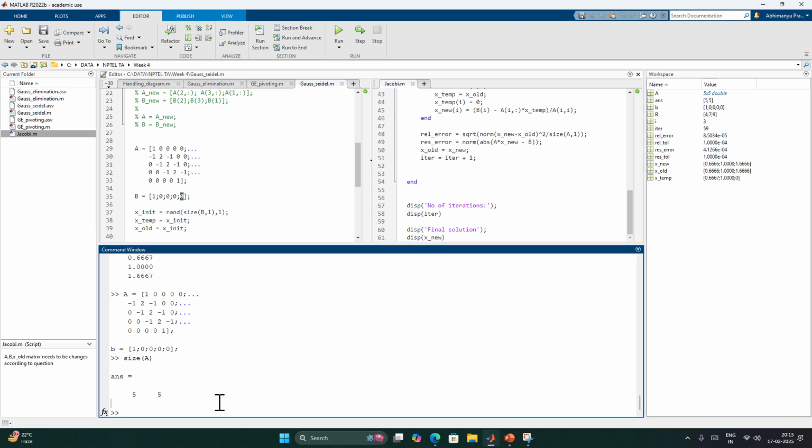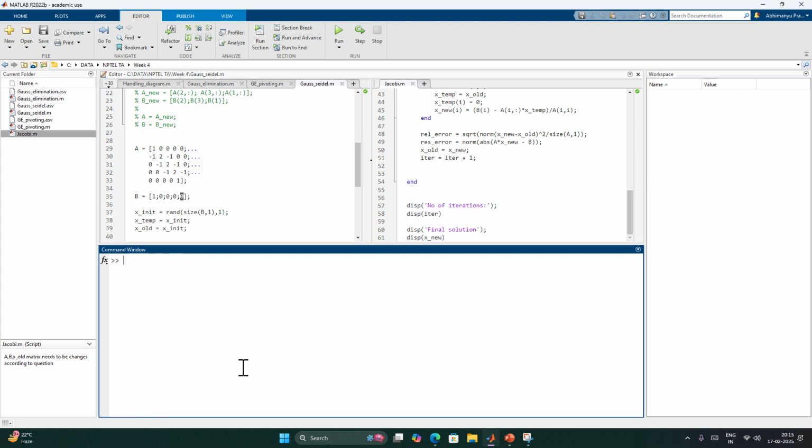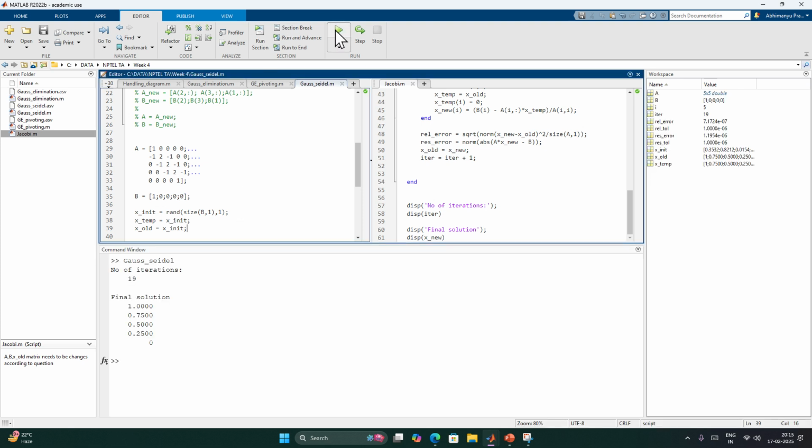If I check the determinant of this A matrix, yeah, the determinant is 4, a non-zero value.